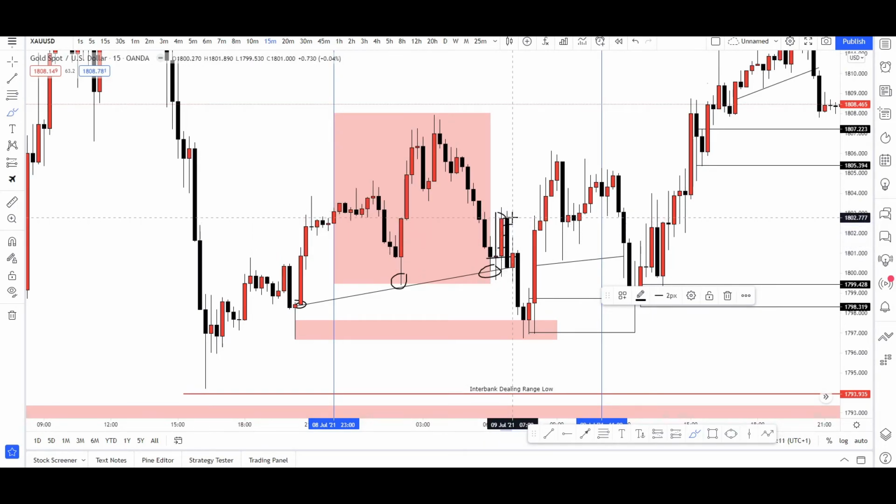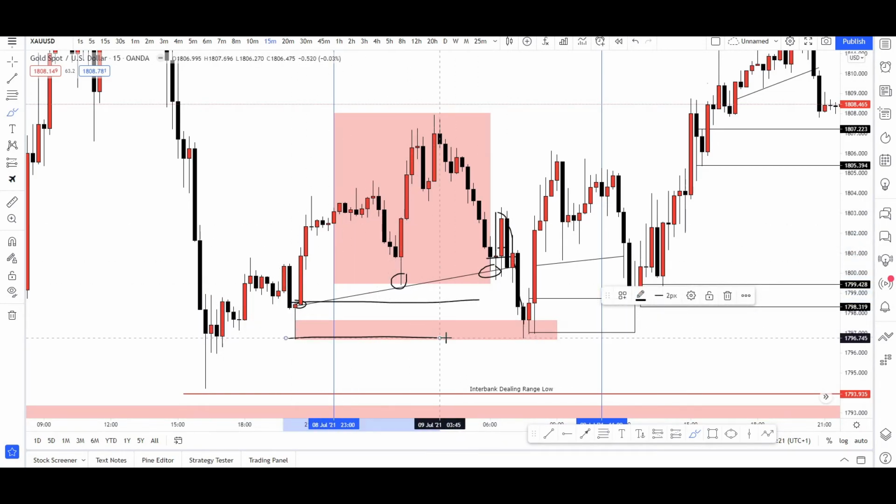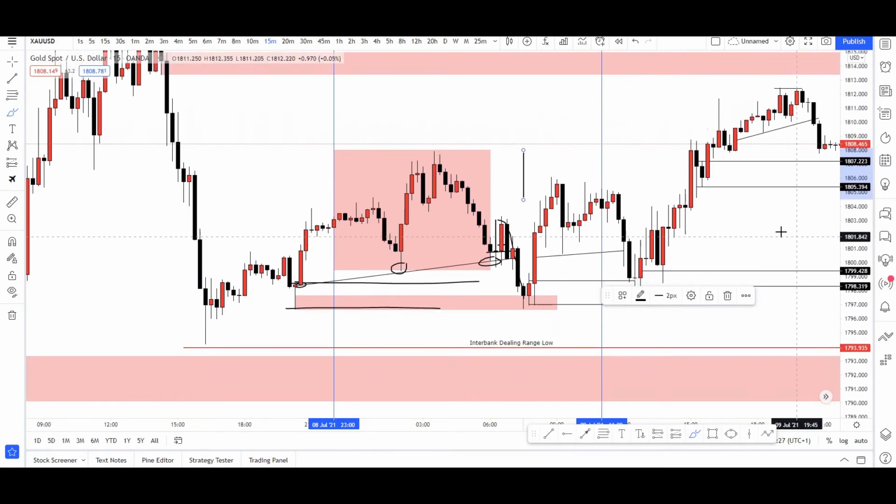They're going to be buying, buying, buying, chasing price. And what is the algorithm going to do? It's going to snap it into an area of interest, and it's going to build the tail for the day. Once you get the tail, if you're bullish, you're going to get the expansion, which is this move right here.